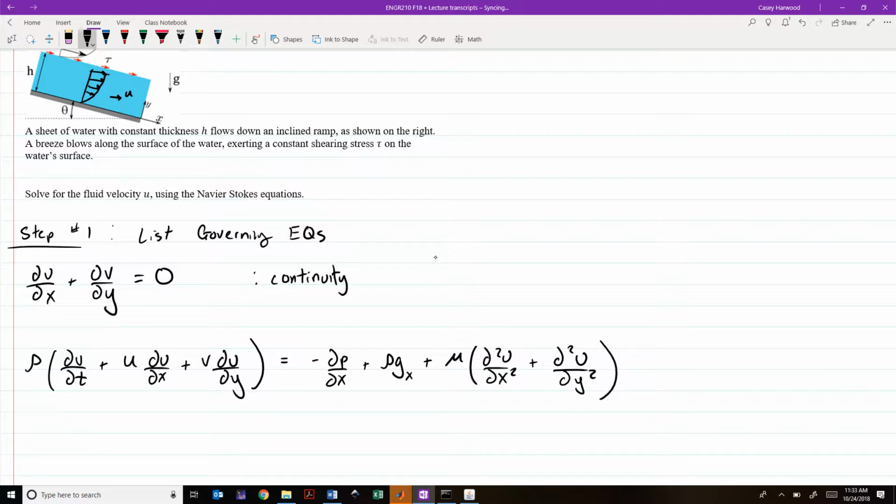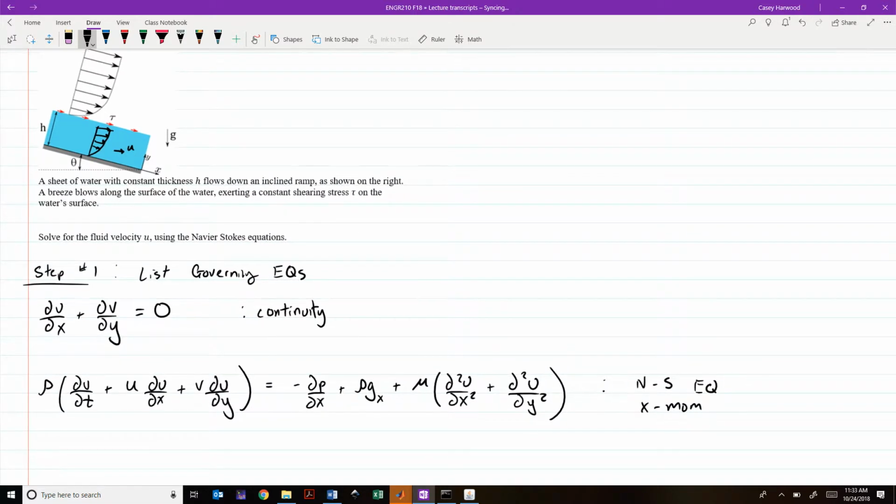Okay, so this is the Navier-Stokes equation for momentum in the x direction. The reason we've written the equation for only the x momentum is what we're looking for is u. In general, I would write the x component, the y component, and if it's a three-dimensional flow, also the z component. But to speed things up in this problem, we would find that everything in the y component cancels out.